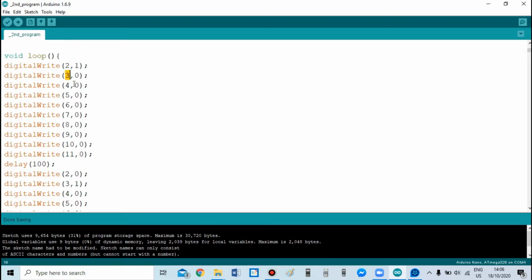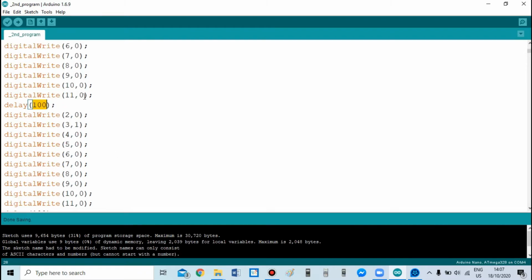In this part, only the 2 number pin is 1, and pins 3, 4, 5, 6 up to the 11 number pin are getting low. How long will this be processed? The delay is 100 millisecond.